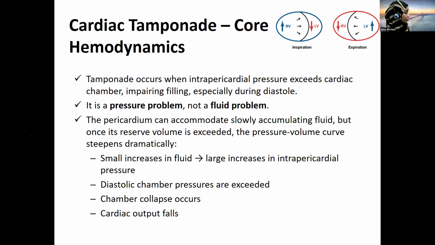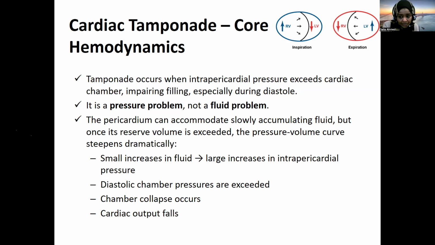So tamponade occurs when intrapericardial pressure, as we mentioned, exceeds cardiac chamber pressure, impairing filling, especially during diastole. Very important: cardiac tamponade is not a fluid problem. It's a pressure problem. Even a small amount of fluid accumulated in a short time, once the pericardial pressure reserve has been exceeded, can result in tamponade, as in perforation.